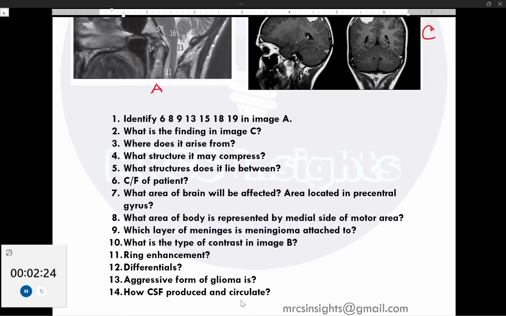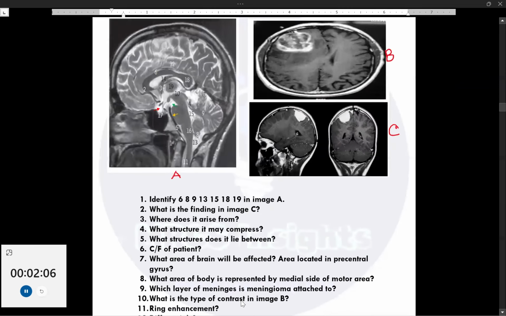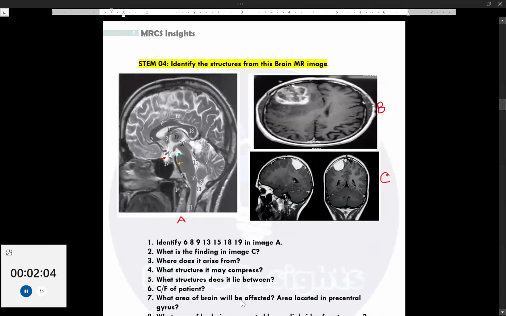Can you tell me from the superior sagittal sinus, where does the CSF go? From the superior sagittal sinus, it will go to the transverse sinus.